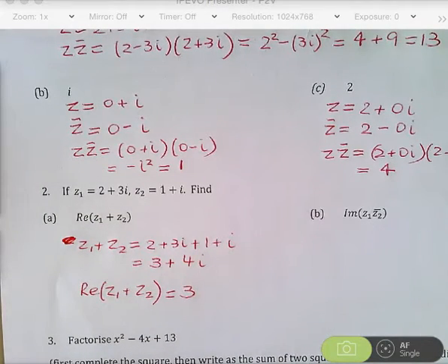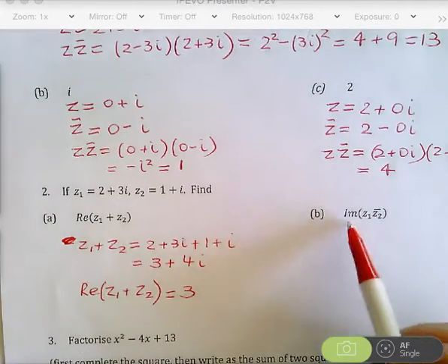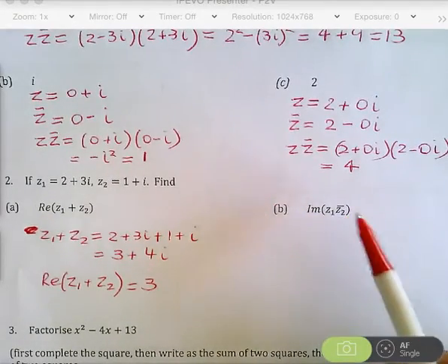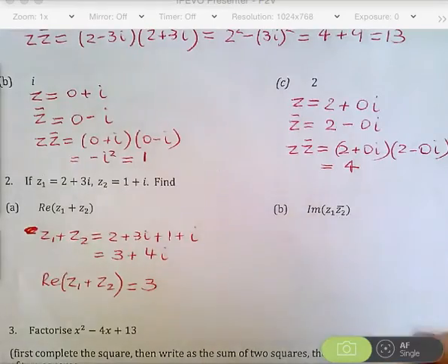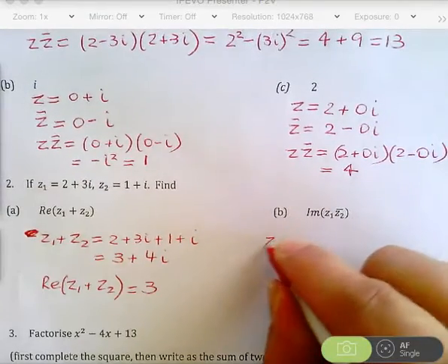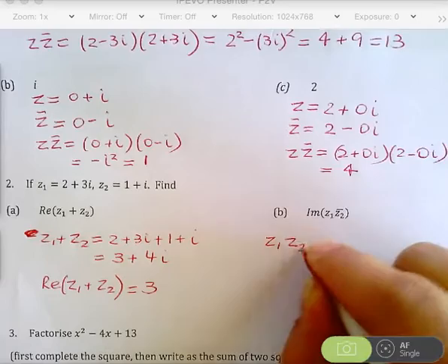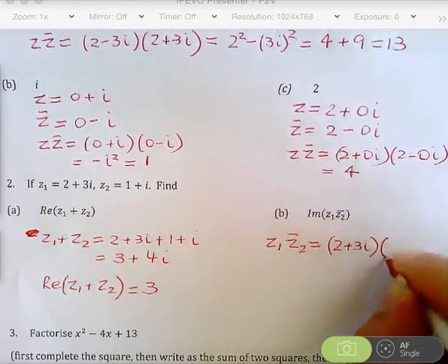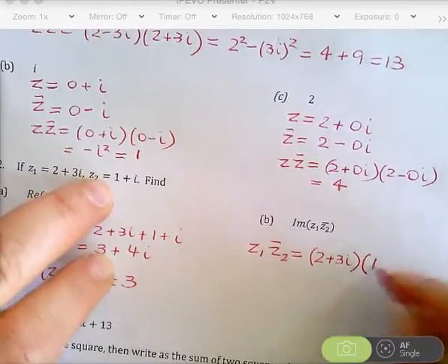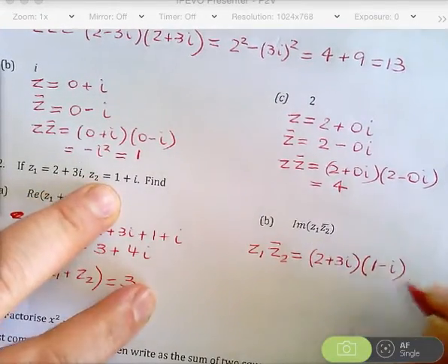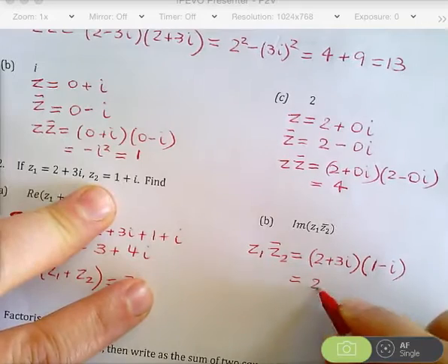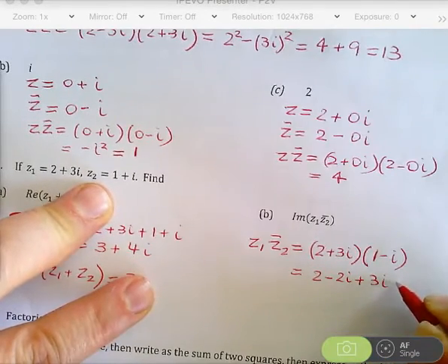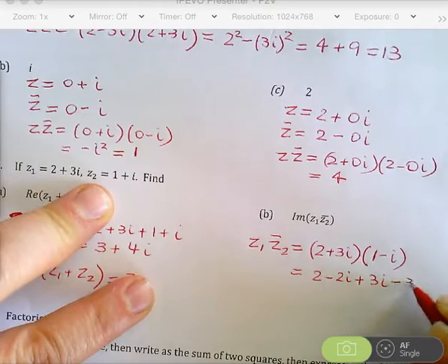That's all it's saying. It's just fancy notation. Now, the imaginary part of Z1 times the complex conjugate of Z2. Don't work out the imaginary part first. Just work out Z1 times the complex conjugate of Z2. So that's 2 plus 3i times what? 1 minus i. Let's expand it. We get 2 minus 2i plus 3i minus 3i squared.